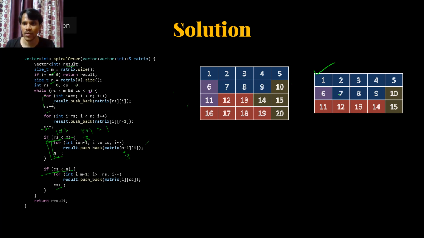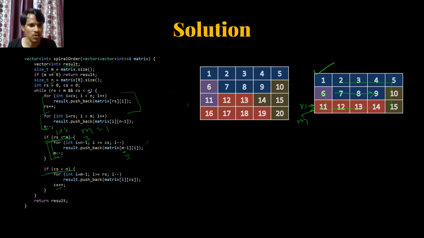For example, when we have processed these things and we are processing this row now, this row will be processed in this for loop, which prints 7 8 9. After that, row start will point here, and m is also here, so nothing will be executed.